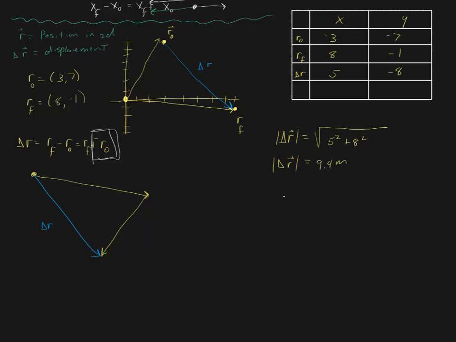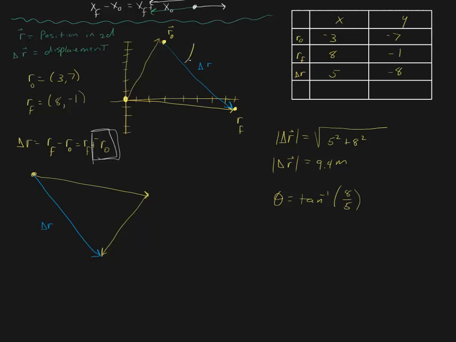To get the angle theta, we're going to have the inverse tangent of y over x, so that's going to be 8 over 5. Remember that you want to leave off that negative sign, and when we assign our direction, we know that that's going to be pointing in the down direction.